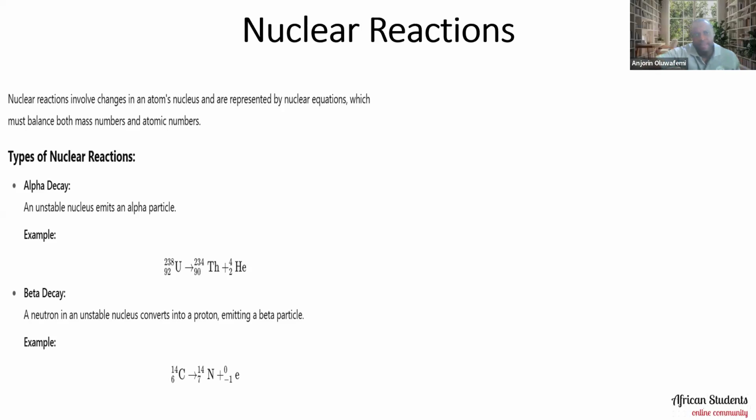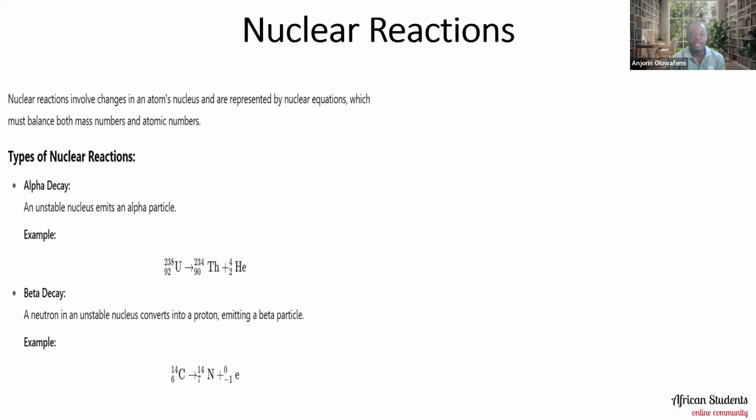For us to balance that reaction, you must know where to put the alpha particle, or the helium nucleus. It will be very wrong if you put your helium nucleus on the side where you have your uranium, because the equation will not be balanced.